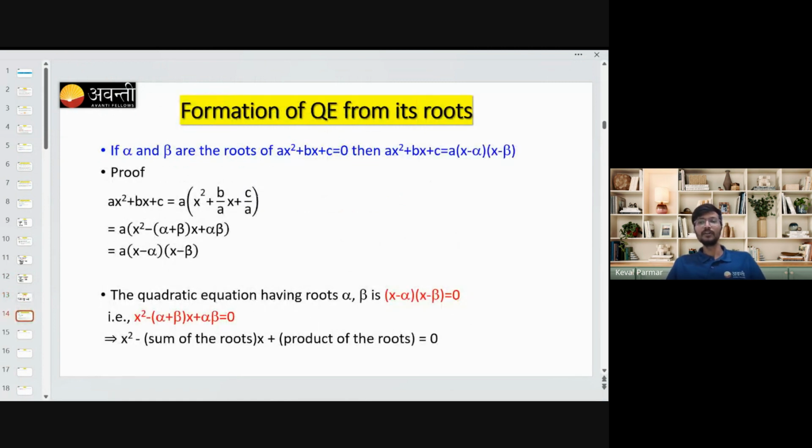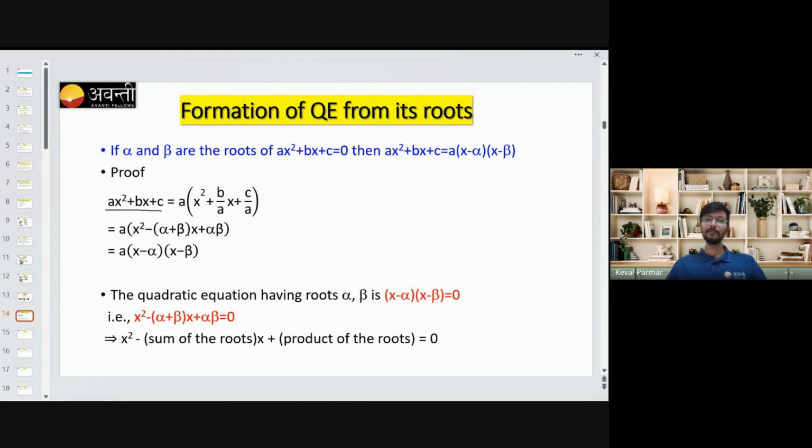Now, once we know the relation between roots, that is the sum of the roots and the product of the roots, we can easily get the quadratic equation. How? See here, ax square plus bx plus c is a quadratic equation.